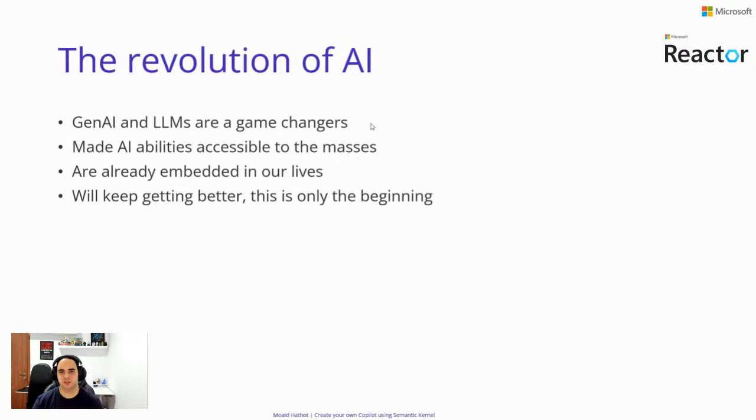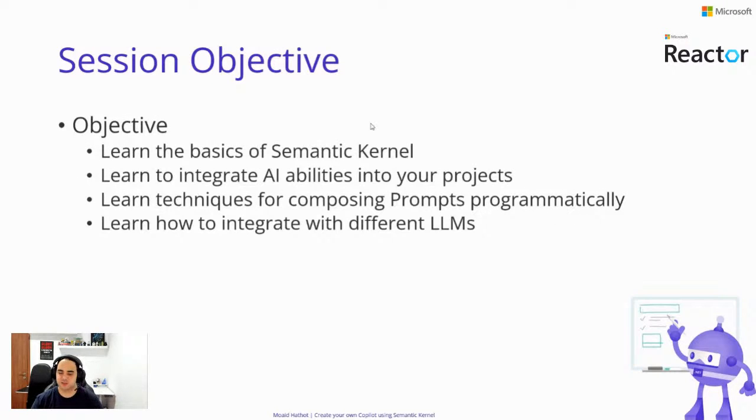So what are the objectives of this session? There are a few. First of all, I'm going to talk about the basics of Semantic Kernel: what it is, why we need it, and what it provides. Secondly, I'm going to show how we can use Semantic Kernel to integrate AI abilities into our application. It's really easy. We will also look at how we can compose prompts programmatically.